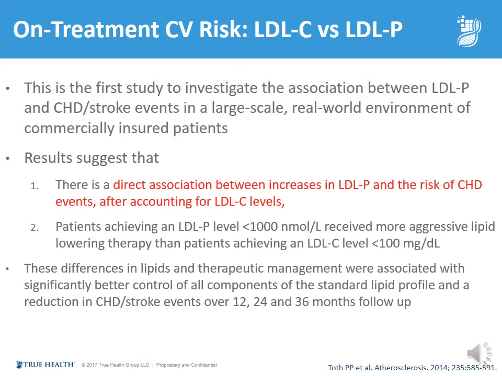And these differences in lipids and therapeutic management were associated with significantly better control of all components of the standard lipid profile and a reduction in cardiovascular disease events, coronary heart disease and stroke over 1, 2, and 3-year periods.